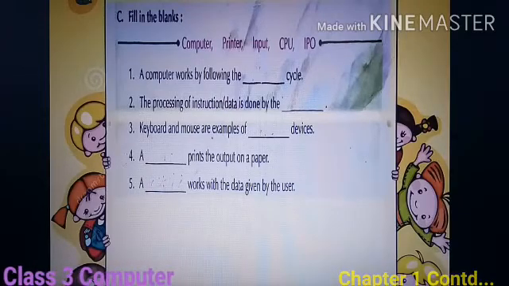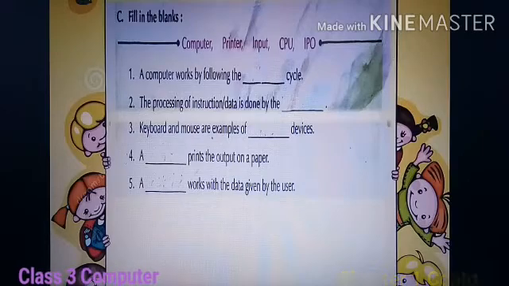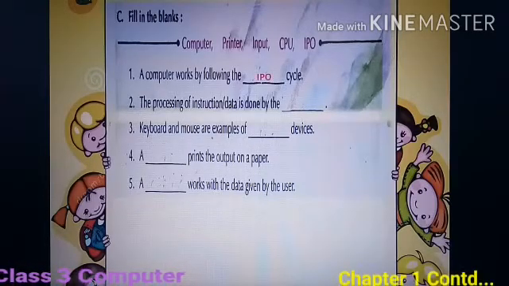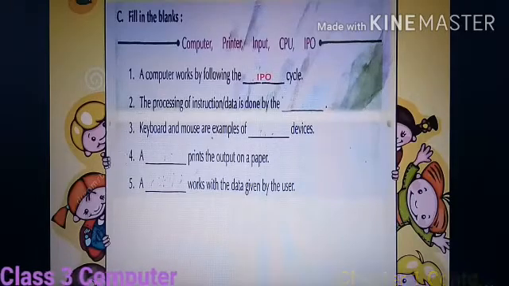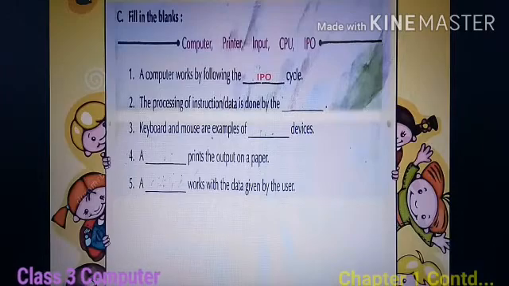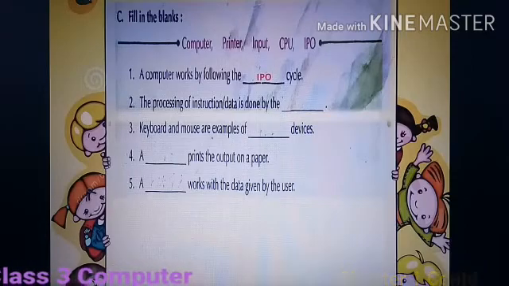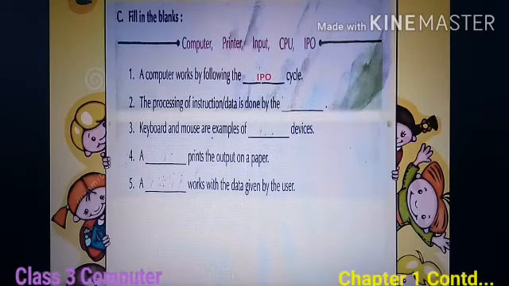Computer works by following the, yes, IPO cycle. The second one is, the processing of instruction or data is done by the, yes, you are right. The processing is done by the CPU.